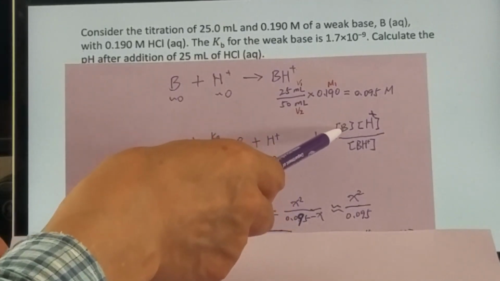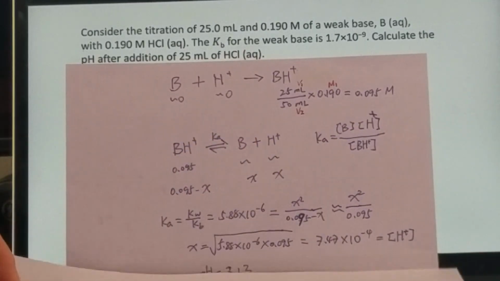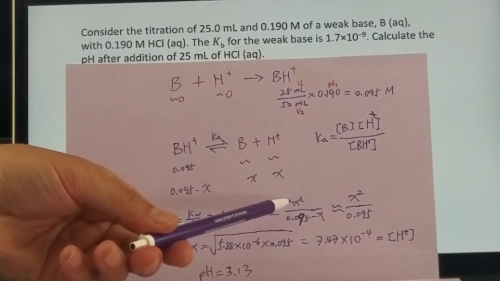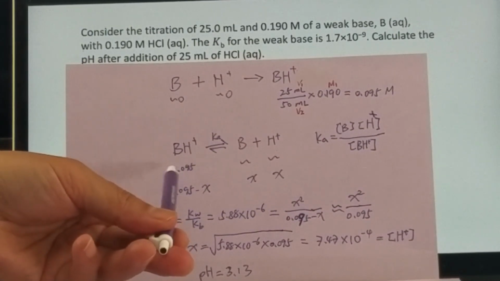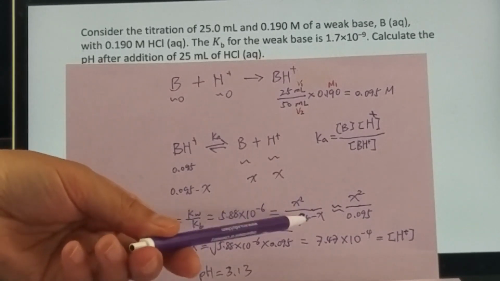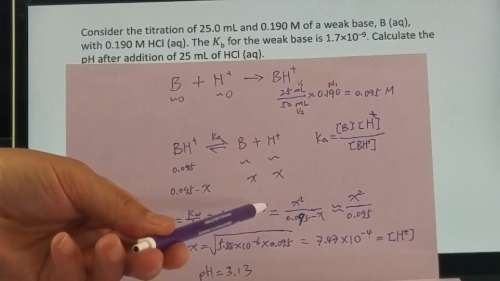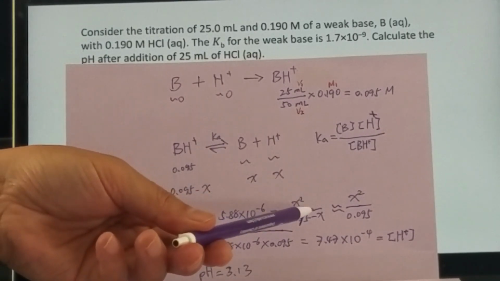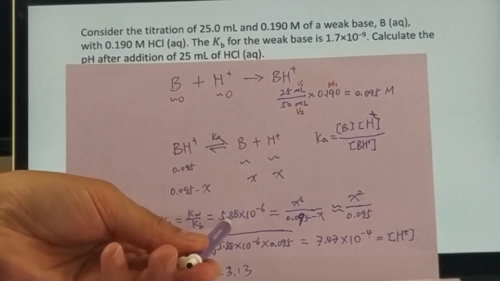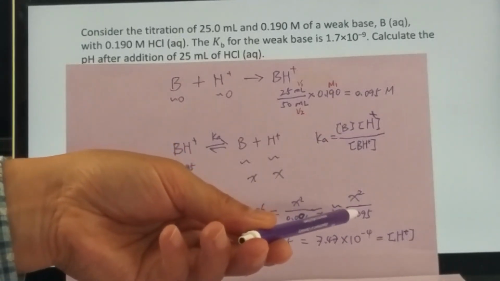And then B is X, H plus is X. Then we can just write down X squared over the concentration of BH plus, 0.095 minus X. Since Ka is on the order of 10 to the negative 6, a pretty small number, we can just drop this X. Ka, this value, equals X squared over 0.095.